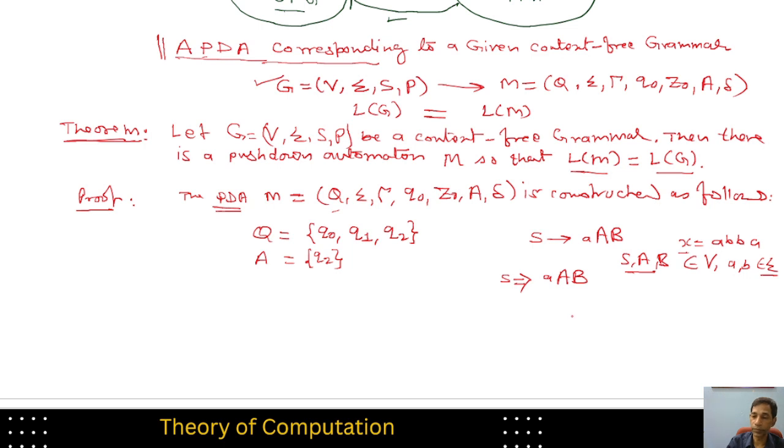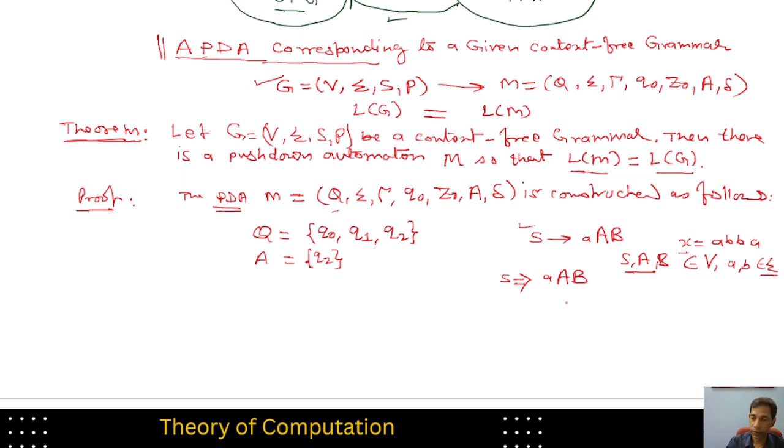So we have the alphabet Sigma, and a and b are elements of Sigma. So if you are given some grammar S and the string x equal to abba, and you will be asked whether this string can be generated by the given grammar or not, naturally we start from the start symbol.